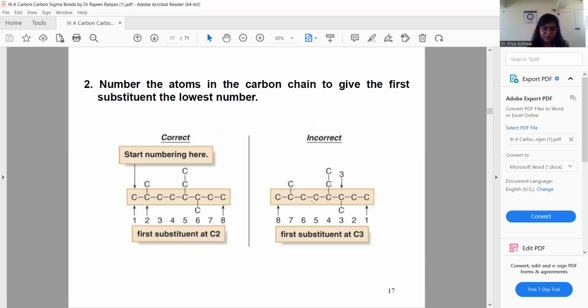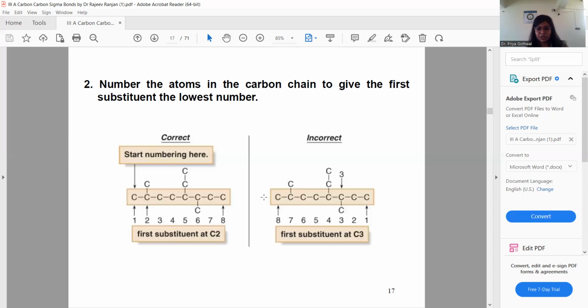Like that, here we start numbering 1, 2, 3, 4, 5, 6, 7, 8. It is an octane hydrocarbon, having 8 carbons in the longest carbon chain. Now we start numbering here. If we start from here, 1 and 2, the substituent is on the second carbon, and the other substituents are on the fifth and sixth carbons.